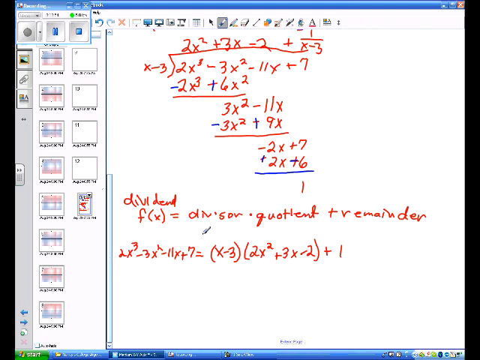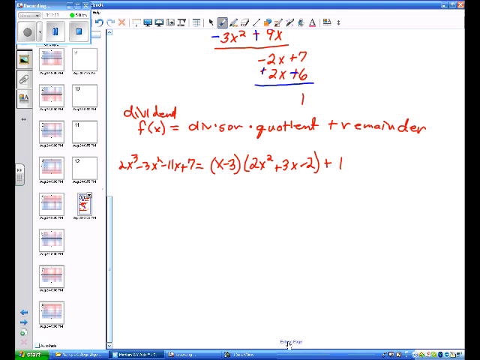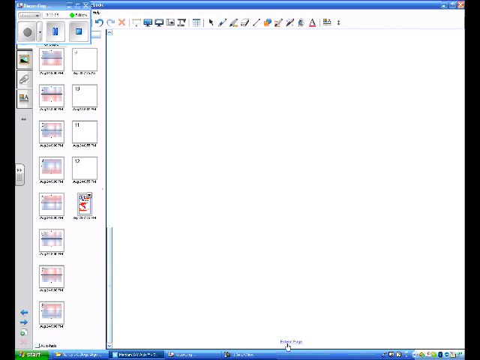So sometimes you'll need to write it using what we call our division algorithm. All right, let's look at another one with long division, and then we will look at what we call synthetic division.